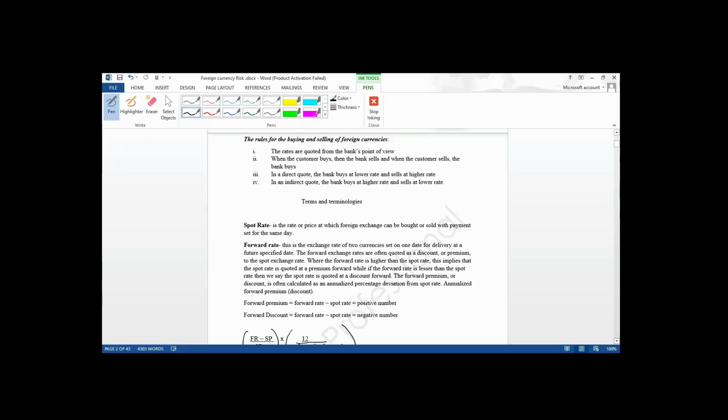Where your forward rate is higher than your spot rate, it means that the spot rate is quoted at a premium forward.